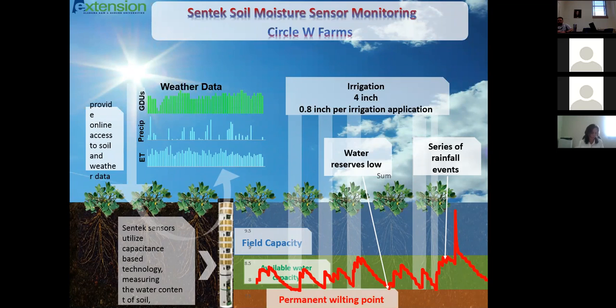As you can see here, this graph shows us a series of rainfall events. We can see the saturation after rainfall events, and also we can see our limit when we start irrigation.